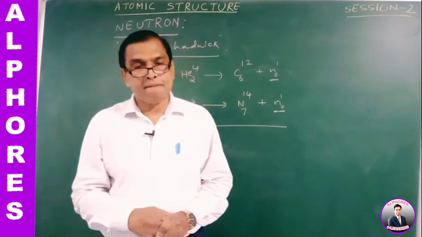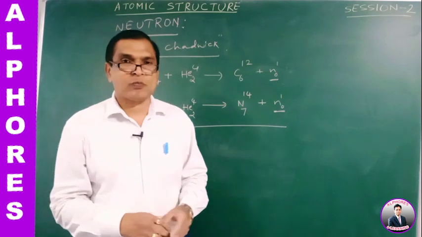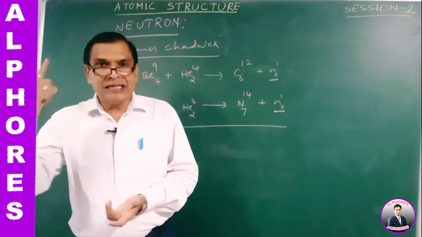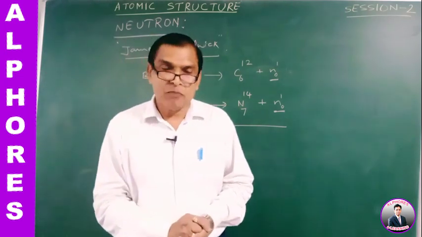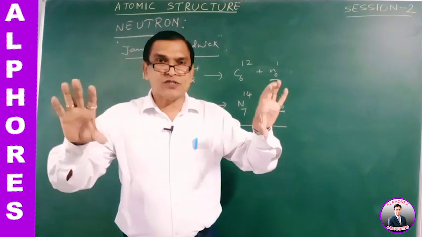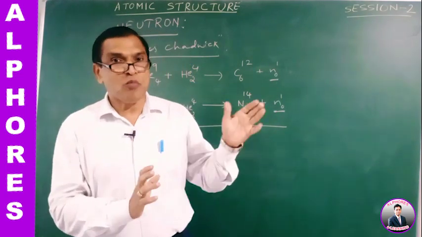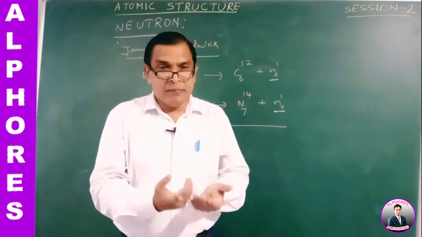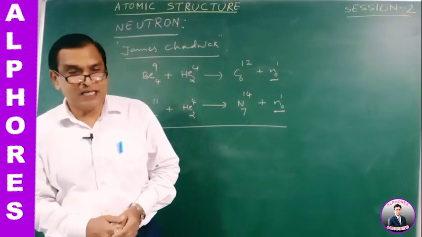Similarly, in the atom, negatively charged electrons are revolving around the positively charged nucleus. That is Rutherford's planetary motion model of the atom. He described this based on the alpha ray scattering experiment.